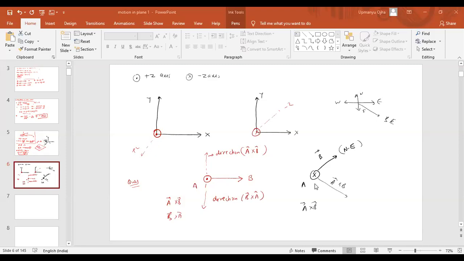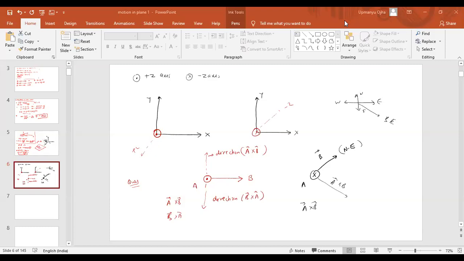Are you getting this now? This is the A vector which is inside the plane. Then you have to rotate towards B. B is here. Where is your thumb pointing? A cross B. Okay, I think you got this.